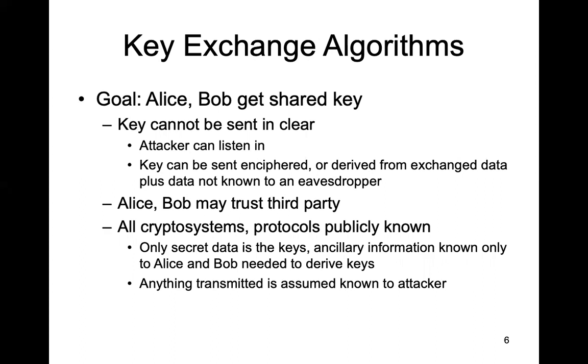So let's look at some. We have looked at how to enable this using Diffie-Hellman key exchange, but let's look at some other methods of key exchange. So one way of doing this is by assuming that there is a trusted third party that is available in the setting, where Alice and Bob need to deal with this trusted third party.